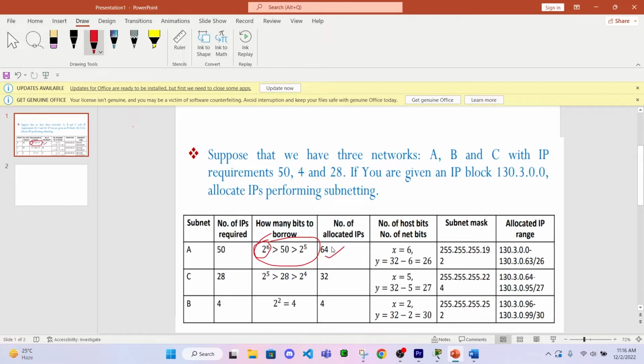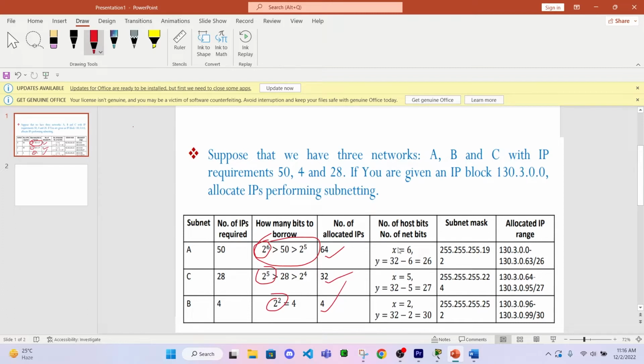So here we write 64. Then for network C, the highest power is 2 to the power 5, and 2 to the power 5 is equal to 32. And here 2 squared, that means 4. So understand, all my students, that the number of allocated IPs is the highest power of 2.